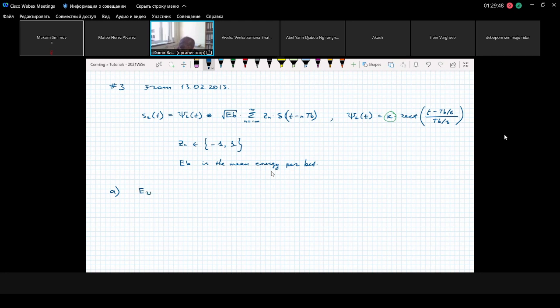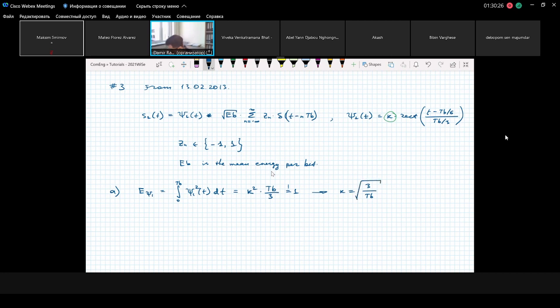We say that the energy of the basis function equals the integral from 0 to T_b of this basis function squared over time, and in our case it will be equal to amplitude squared times duration of the pulse T_b over 3. This product must be equal to 1, must be unit energy. From where we can see that K equals square root of 3 over T_b.